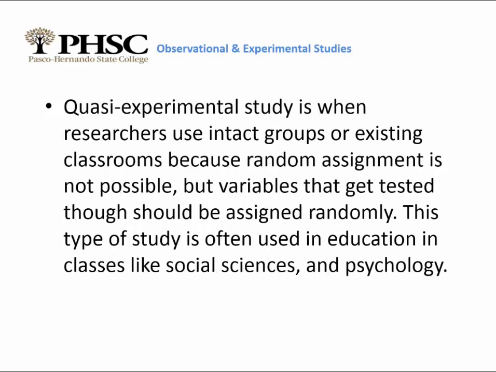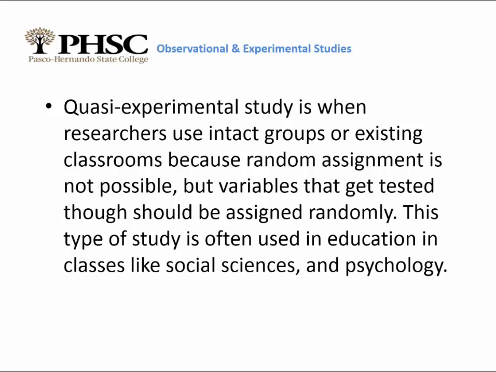The other type of study is what is called a quasi-experimental study. This is when researchers use intact groups, let's say a classroom, because random assignment is not possible, especially if you're doing an educational study. The variables that get tested are assigned randomly. So whatever we're actually testing, that's randomly assigned.